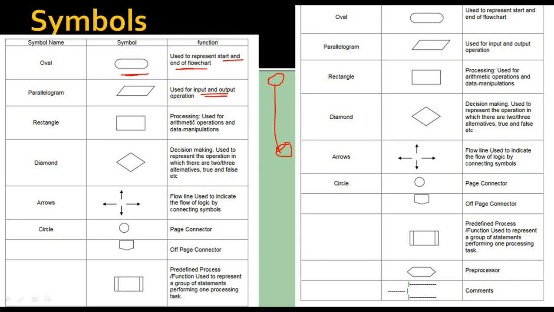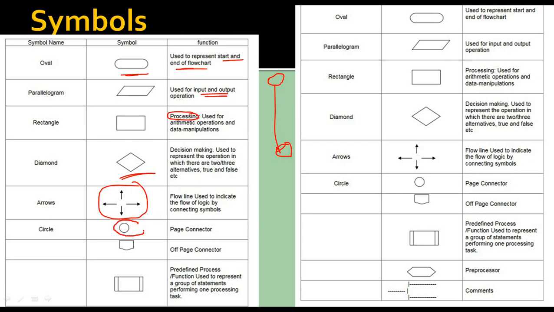Then a rectangle is used for a processing statement. A decision-making statement is shown by a diamond. An arrow shows the flow of information from one symbol to another.